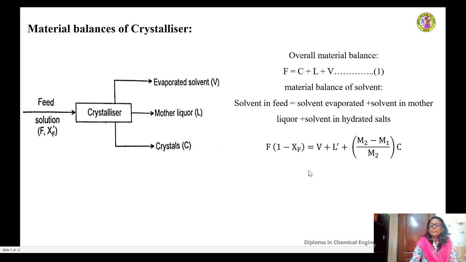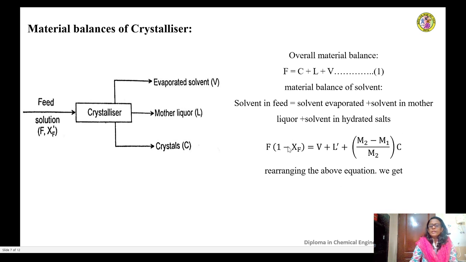Then to find out the amount of solvent present in crystals, you need to substitute this term, that is, molecular weight of hydrated salt minus molecular weight of anhydrous salt divided by molecular weight of hydrated salt. That means in 1 kg of hydrated salt, if so much water is present, then in the total amount of crystals, what is the amount of water present?